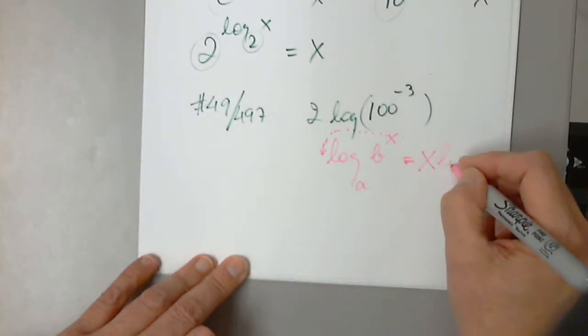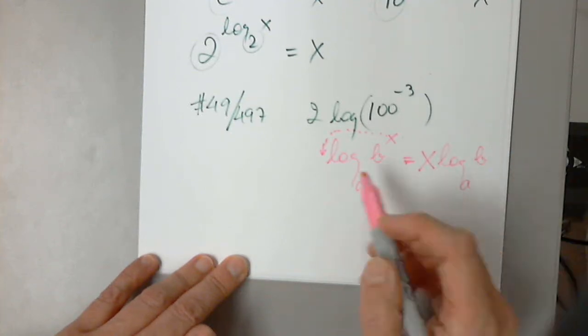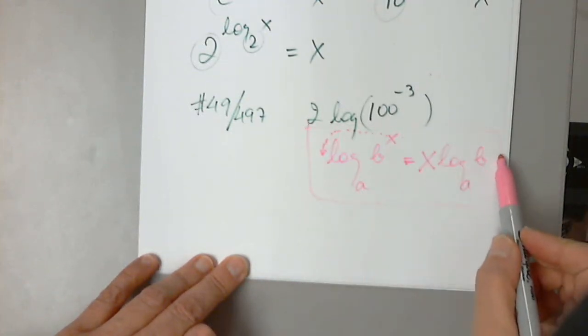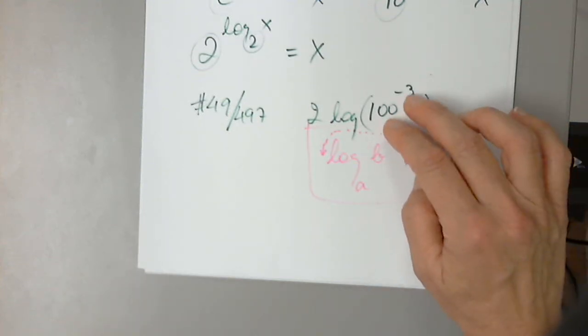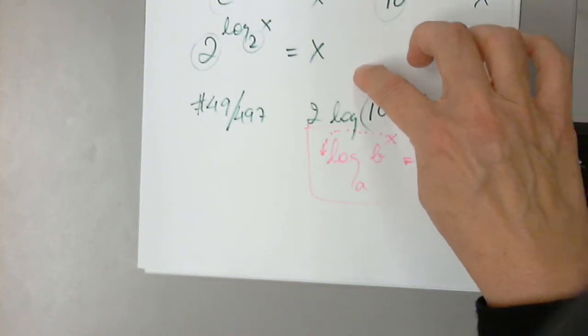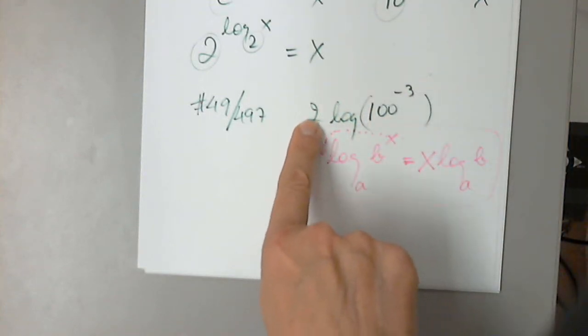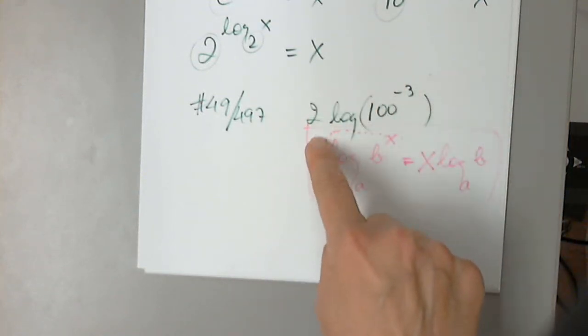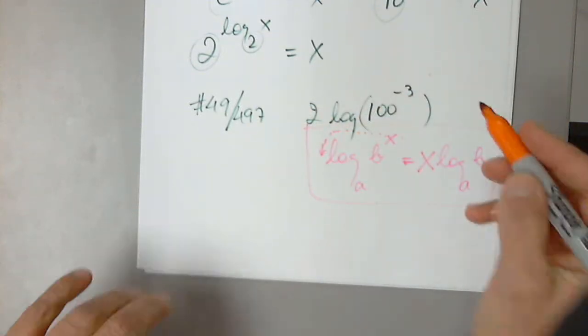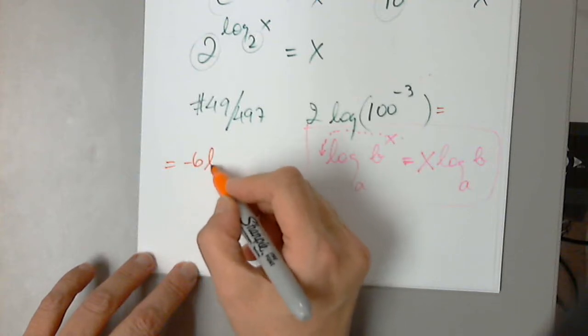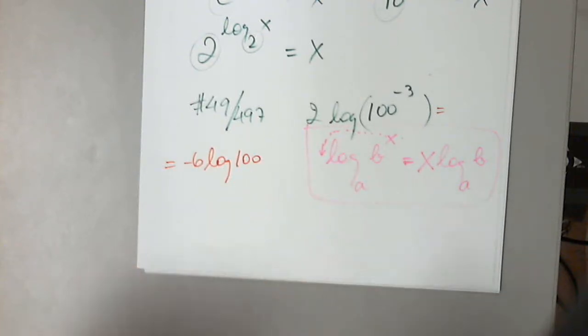This is x log base A of b, an extremely important property. It will help us solve equations later, exponential equations. So the same thing we're going to do here, we're going to bring the power in front and multiply by 2. This becomes a factor, so negative 3 times 2 will be negative 6 multiplied by log 100.